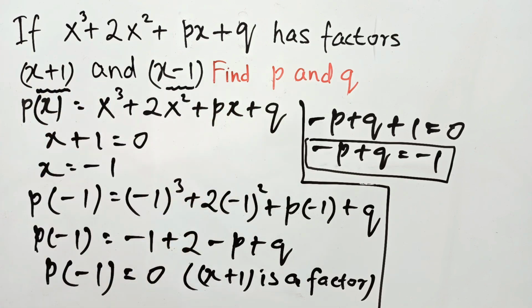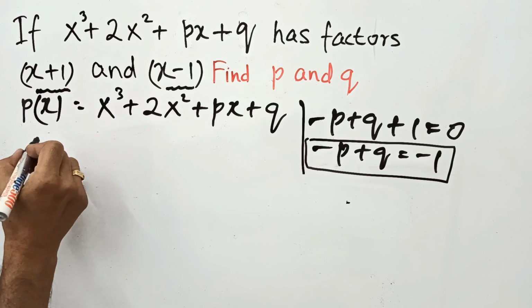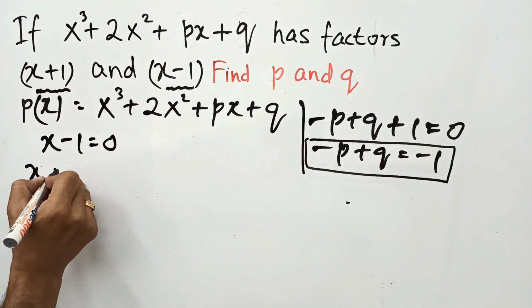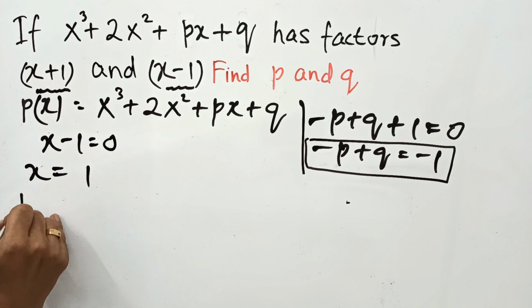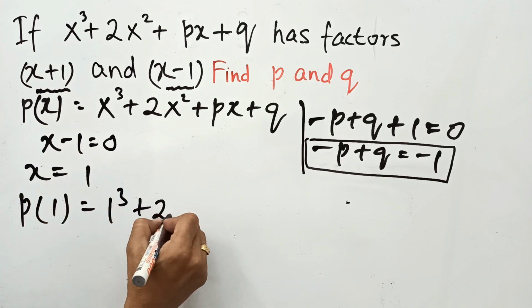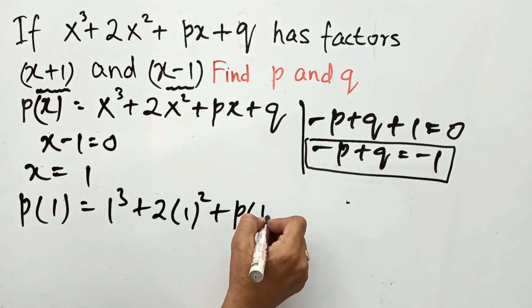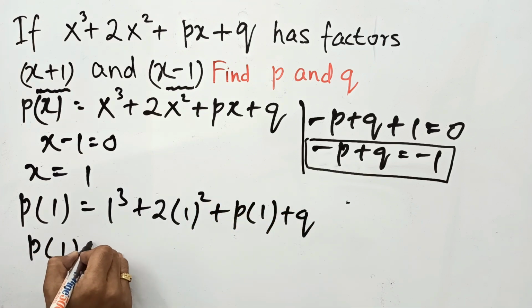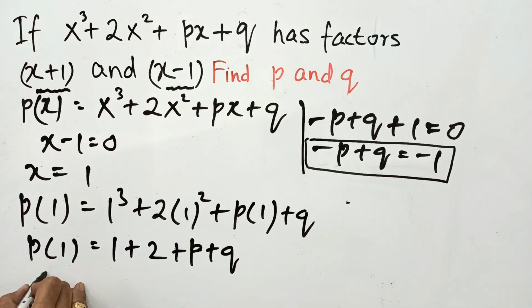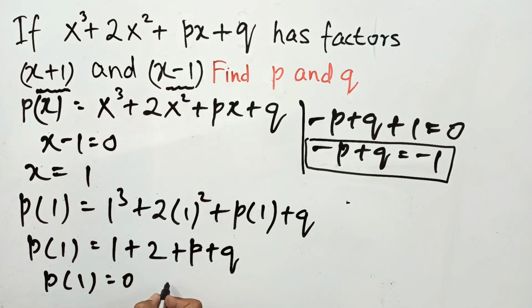X minus 1 is a factor. Now x minus 1 is equal to 0, so x is equal to 1. So we'll put here x is 1. Now the expression will be 0 because x minus 1 is a factor.